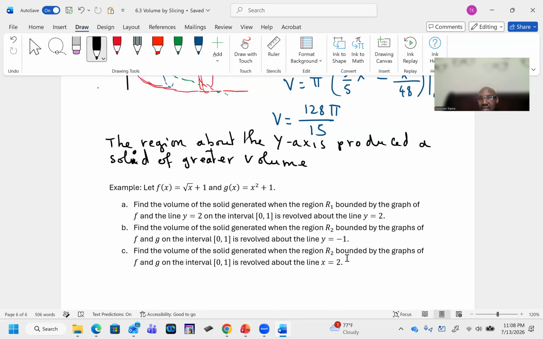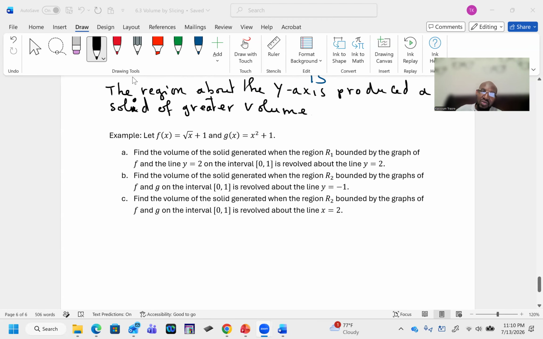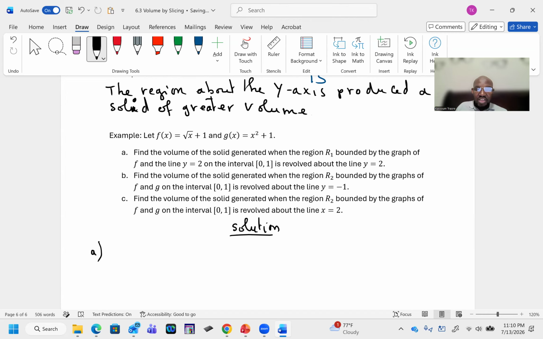Let's finish this. So again, I'm going to make only one graph. I want you to understand that, and that's the same way when they said on A, find the volume of the solid generated when the region R1 bounded by the graph of f and the line y equals 2 on the interval 0, 1 is revolved about the line y equals 2.